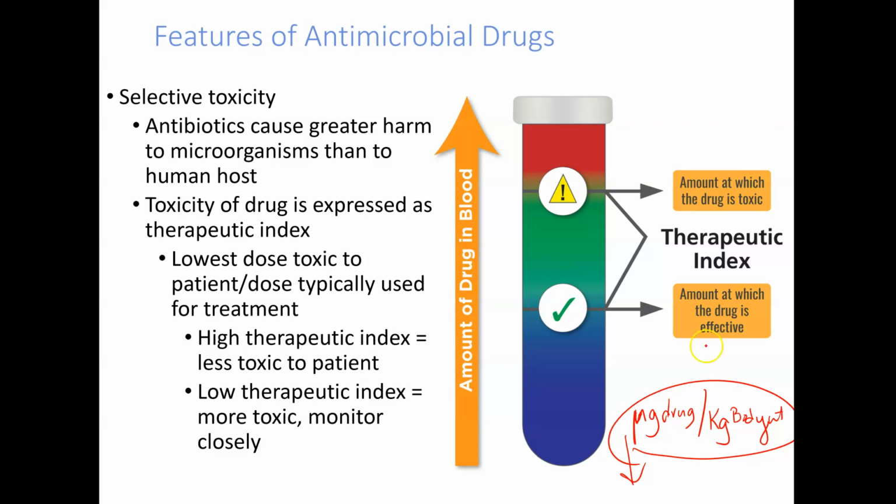So we want the amount of drug at which it's effective to be as low as possible, but we want the amount at which the drug is toxic to the patient to be as high as possible. A perfect example would be water. Water is not toxic at all, but there is an actual amount of water you can drink at which it becomes toxic to you.